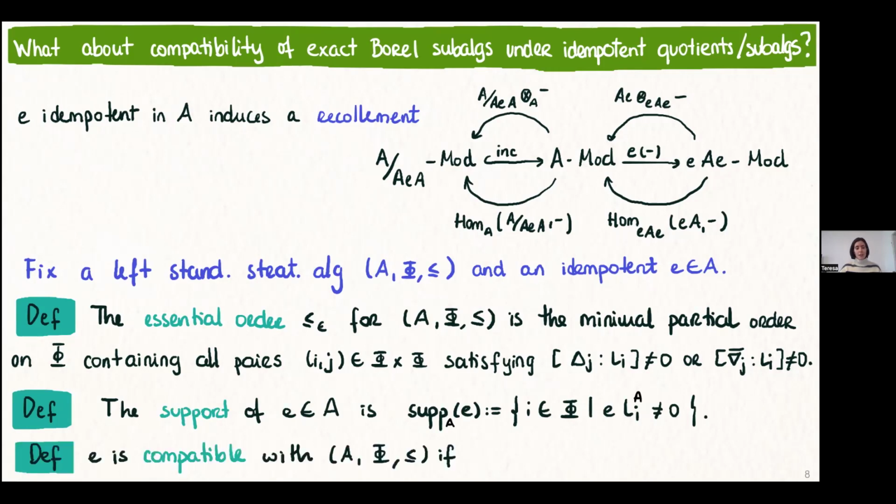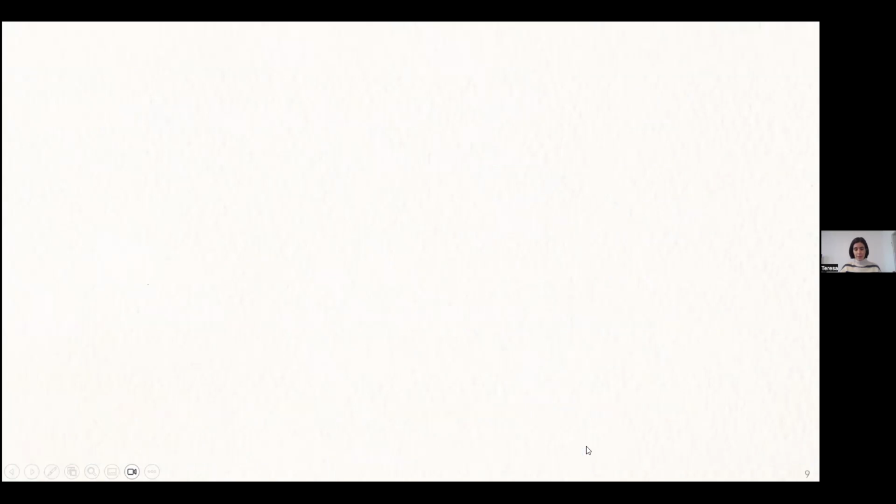And finally, we say that the idempotent is compatible with the left standardly stratified algebra A if the support of E in A is an upper closed subset of this poset over here. So the support of E in A should be a co-ideal of this poset.